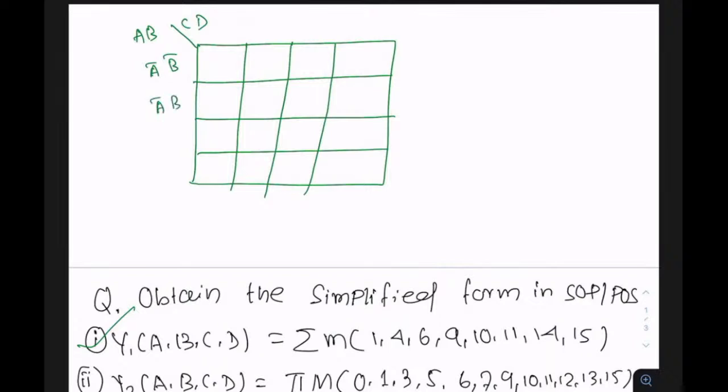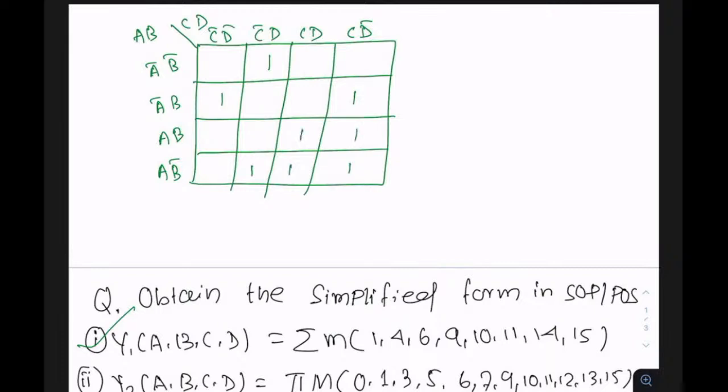A bar B bar, A bar B, AB, and this is AB bar. This is C bar D bar, this is C bar D, this is CD, and this is CD bar. If I try to plot it, min term 1 is here. The cell numbers are 0, 1, 3, 2, 4, 5, 7, 6, 8, 9, 11, 10, 12, 13, 15, and 14.